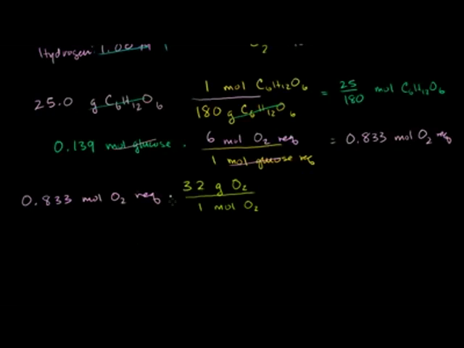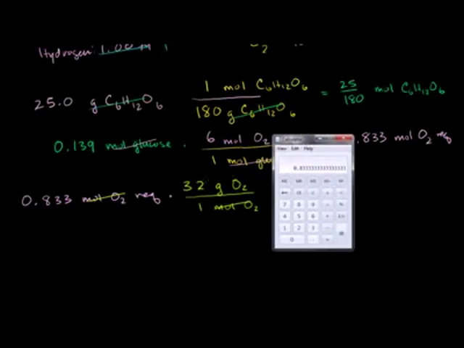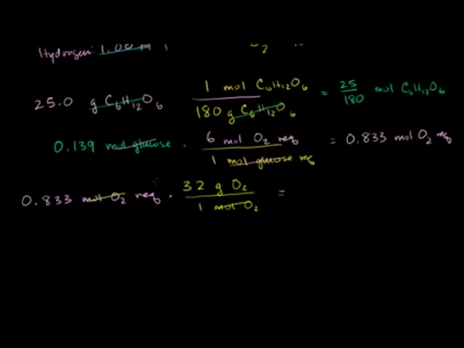When we perform the calculation, the moles of O2 in the numerator cancel out with the moles of O2 in the denominator, and we're just going to have 0.833 times 32, which is equal to about 26.7. So this is equal to 26.7 grams of O2 required.